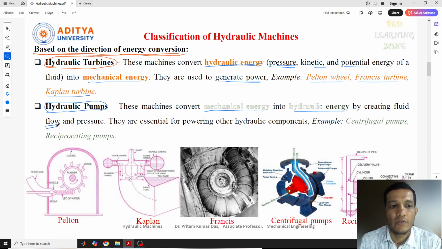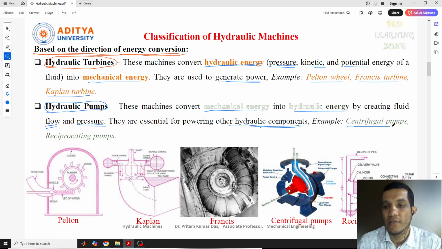The pump creates a high pressure in the fluid so that it can be transmitted, or can flow from one place to another, like from a lower head to an upper head. They are also essential for powering other hydraulic components.